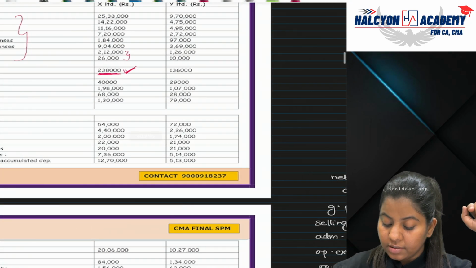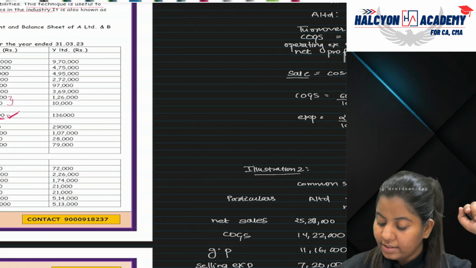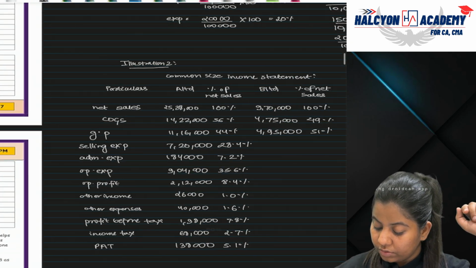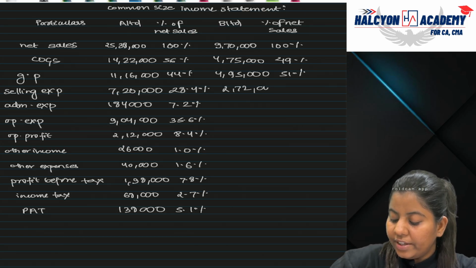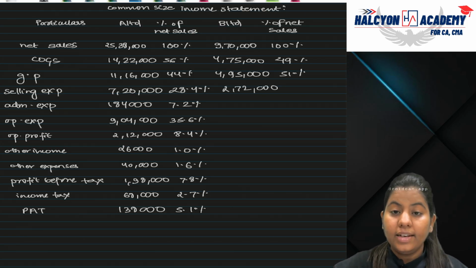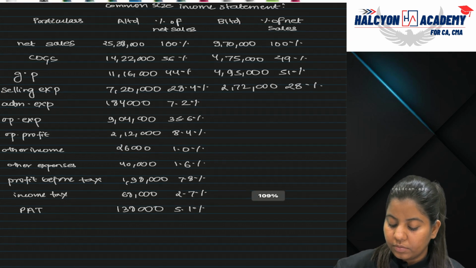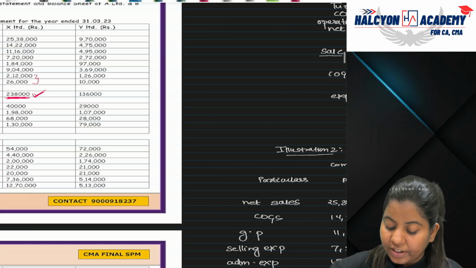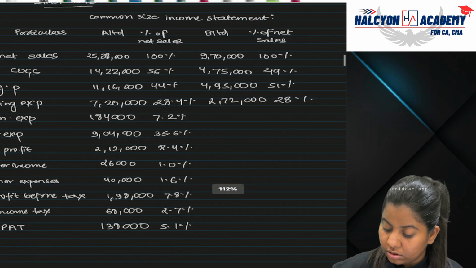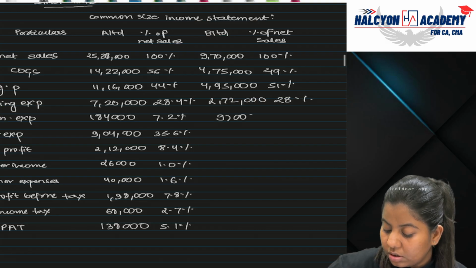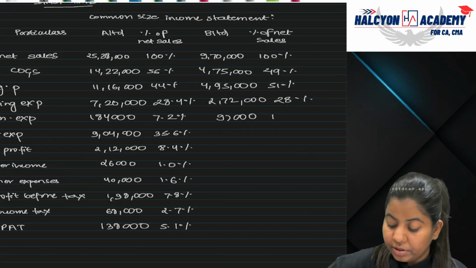Selling expenses 2,72,000, right? 2,72,000 divided by 9,70,000 will be 28%. Then administrative expenses 97,000. 97,000 divided by 9,70,000 will be 10%.